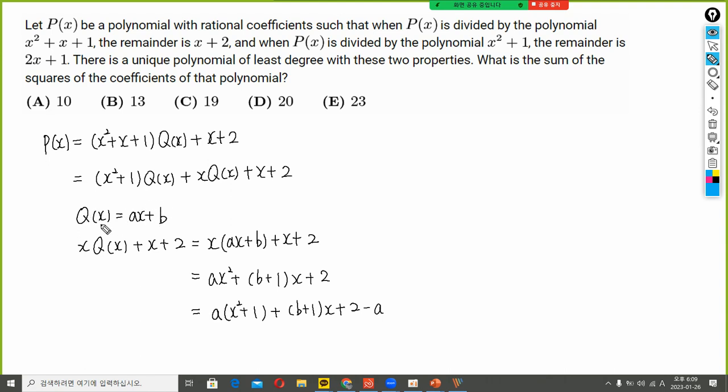So if we set q(x) as ax plus b, this x times q(x) plus x plus 2, we can have this expression if q(x) is replaced by ax plus b. And we are dividing this expression by x squared plus 1. So that means the remainder is this. And this remainder is equal to 2x plus 1.